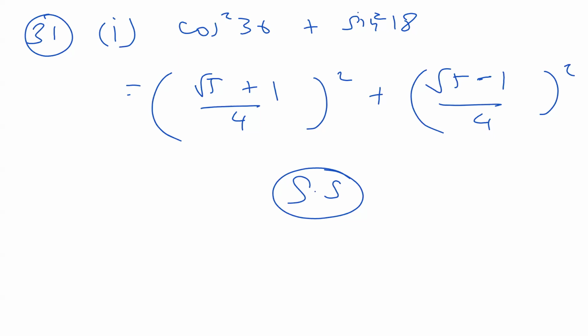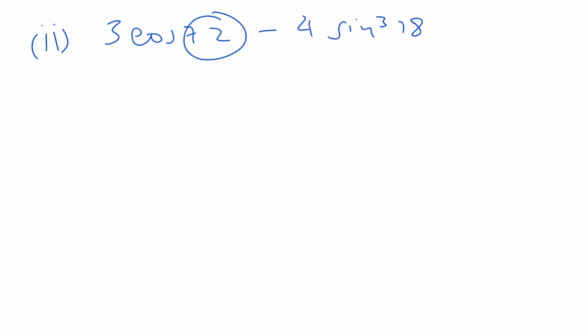Okay, direct value substitution. Second one, exercise 31 sub question 2: 3 cos 72 minus 4 sin cube 18. Now the hint is 72 plus 18 is equal to 90.